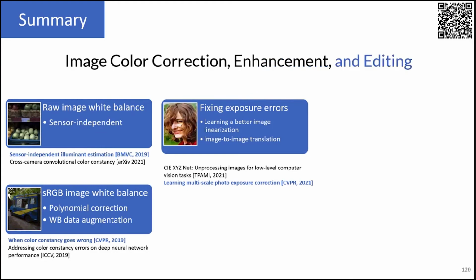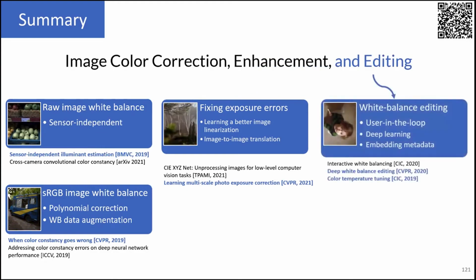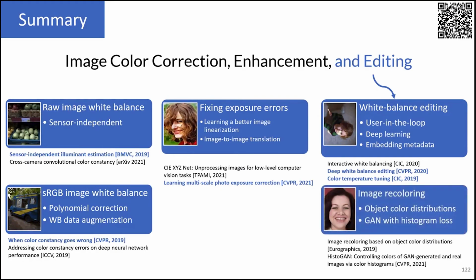And then I discussed the image color editing part with white balance editing. Although it's not covered in this presentation, it's included in the thesis: we discussed image recoloring methods, where we propose to auto-recolor any input image using the spatial or semantic information of the image.